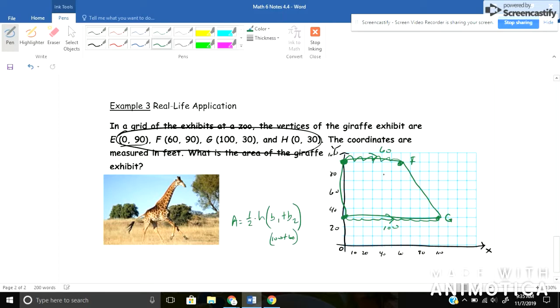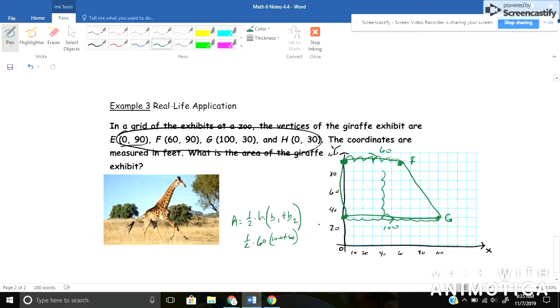Times our height. How tall is it? Well, from one base to the other is 1, 2, 3, 4, 5, 6. So we're going by 10, so that would be 60 times a half. Okay, well, half times 60 would give us 30.